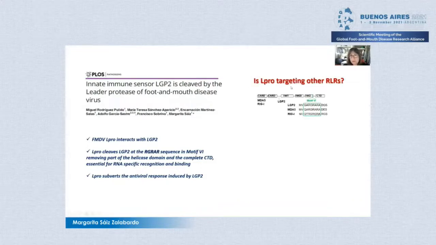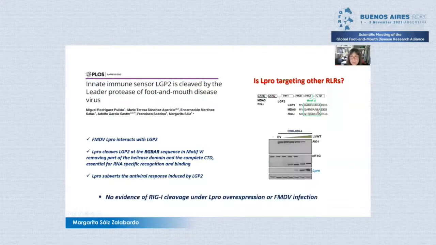So we wondered if Lpro might be targeting other RLRs, especially when we saw that this conserved RNA helicase motif 6 was absolutely conserved also in MDA5, and not that much in RIG-I, where there were two substitutions in this region.